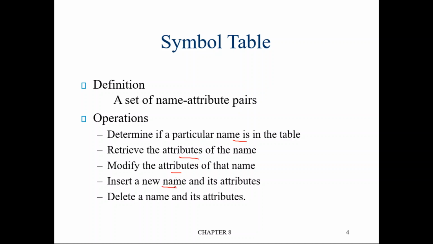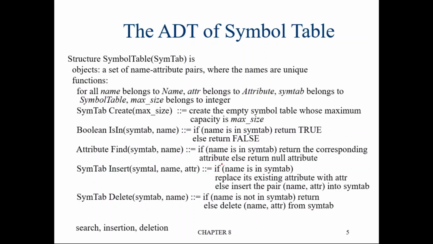We can insert a new name. Given a key and a name, we can insert a new name into the hash table. We can delete an existing name from the hash table. So these are the typical operations that can be done on a hash table, right?